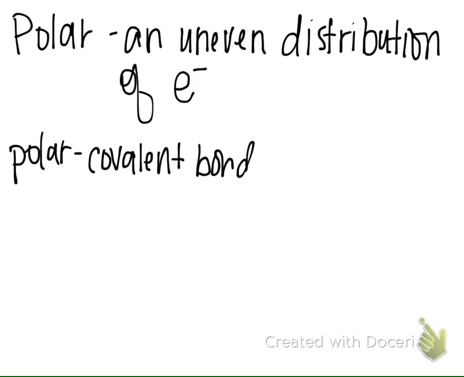Knowing what we know about these terms that make up this polar covalent bond, what can you tell me that's probably happening here? Yeah, Tommy. A bond in which electrons are unevenly distributed. Okay, so a polar covalent bond means two atoms are bonded together and electrons are favoring one atom over the other.